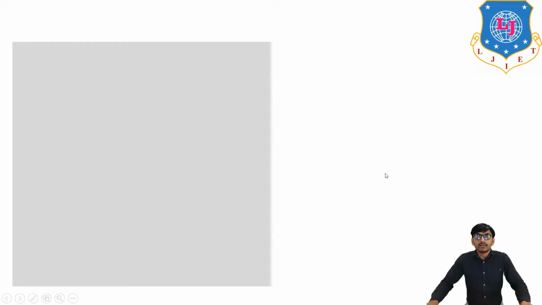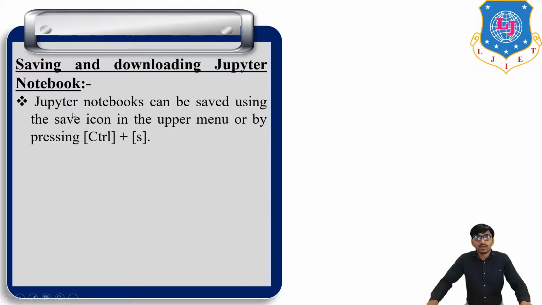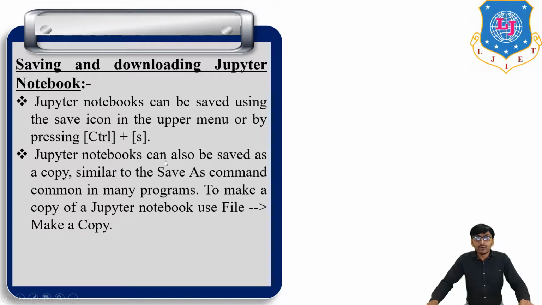Okay, then next one is saving and downloading Jupyter Notebook. Jupyter Notebook can be saved using the save icon in the upper menu or by pressing Ctrl plus S. Jupyter Notebook can also be saved as a copy, similar to the Save As command common in many programs.